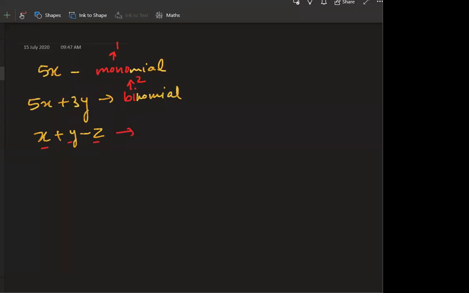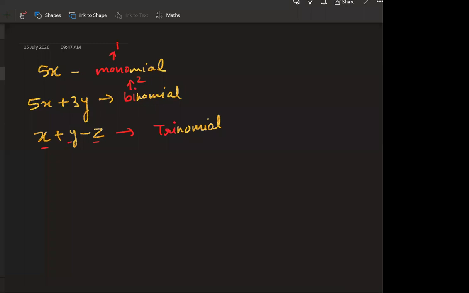So this is called a trinomial, an algebraic expression which has 3 terms.